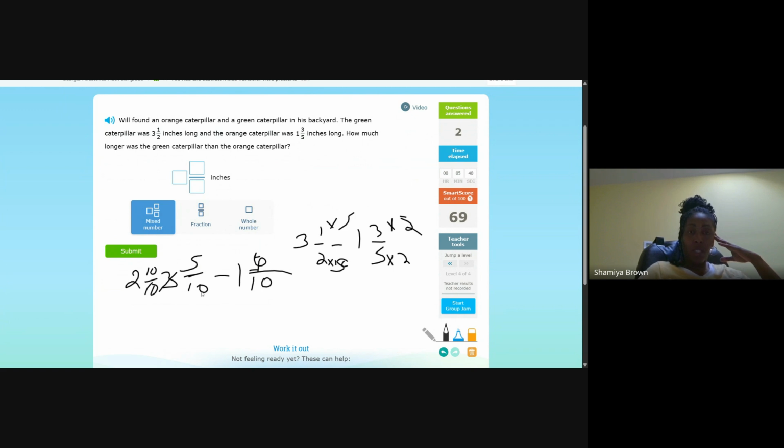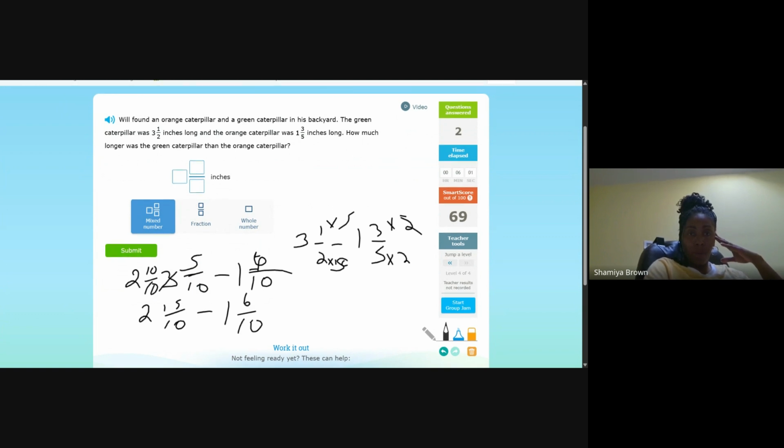So it's going to be 10. So 10 tenths. So I have this numerator that I'm going to add to this numerator. So 10 plus 5 is going to give me 15. So I'm going to have 2 and 15 tenths minus 1 and 6 tenths.